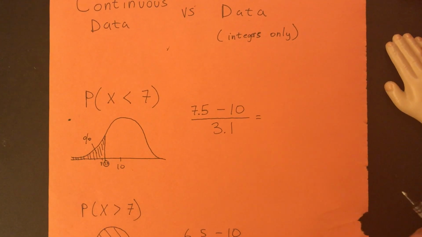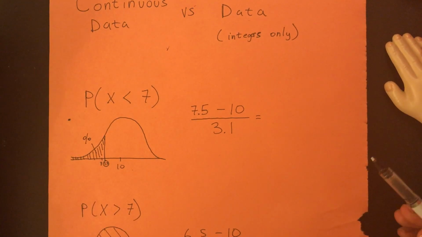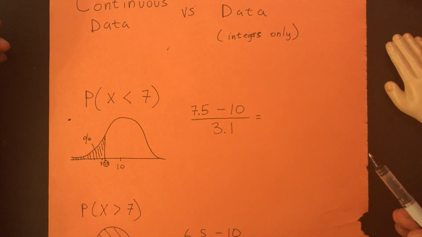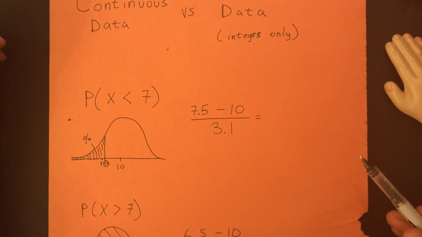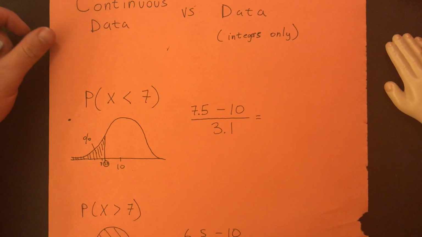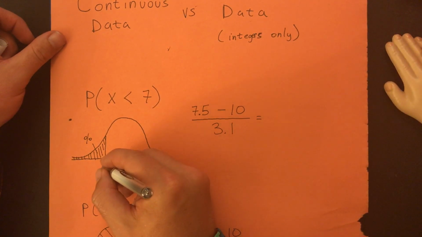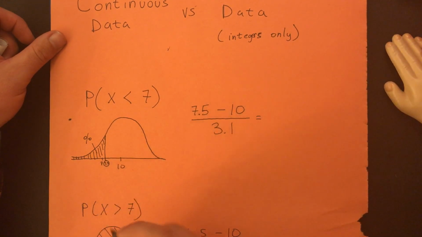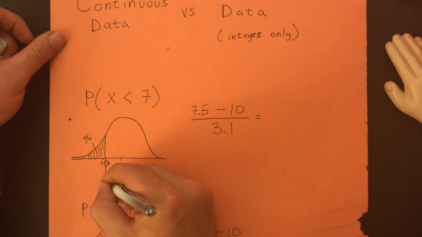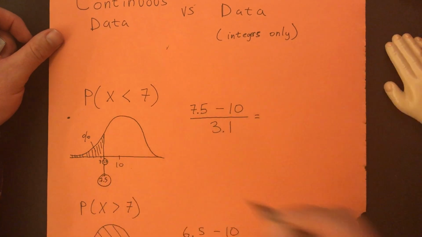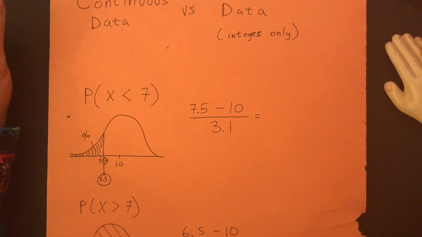Now, if they've implied in the problem that the data is discrete, say your amount of people, and we don't want to cut a person in half, this is how you'd adjust it. Rather than 7, which we see right here, we want to go slightly to the right and set our x value at 7.5. Why is that?